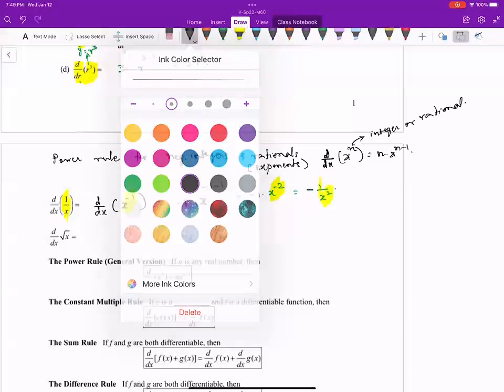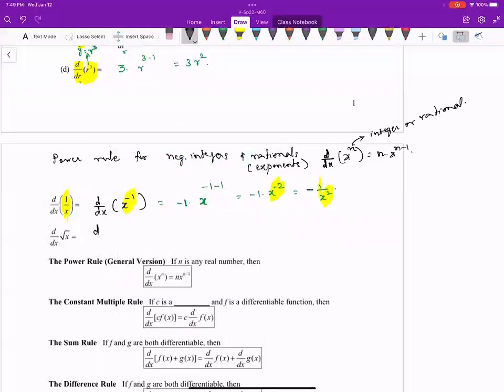Now, d by dx of square root of x, can we write that as a rational exponent? You can write square root of x as x to the power of 1/2. When you have a rational or negative integer exponent, the same power rule applies: exponent times x to the power exponent minus 1.